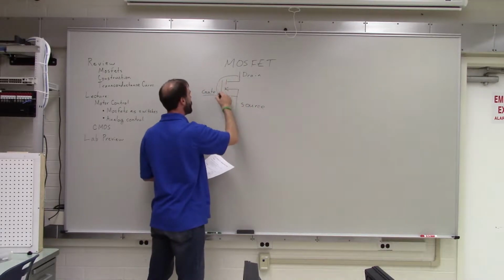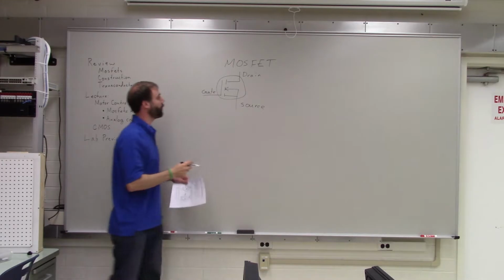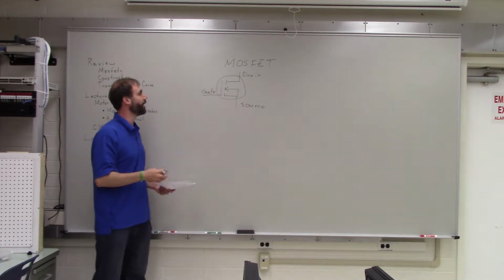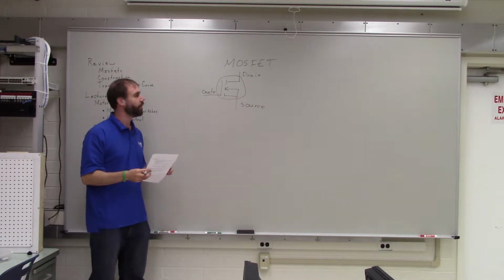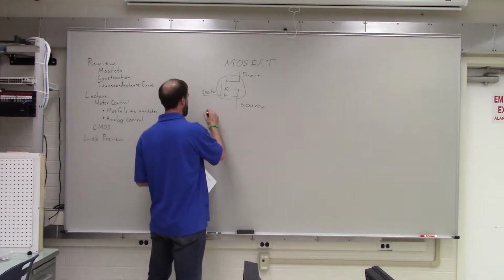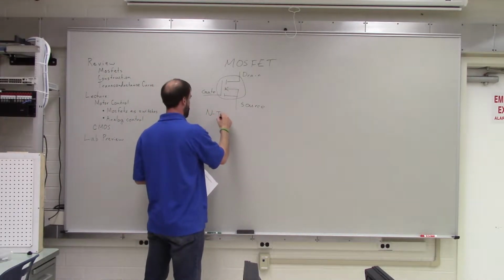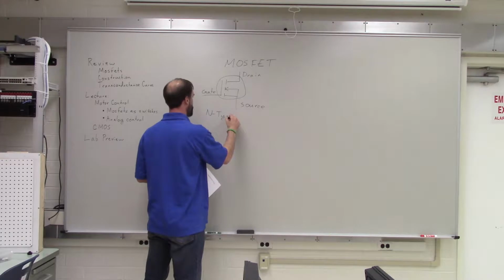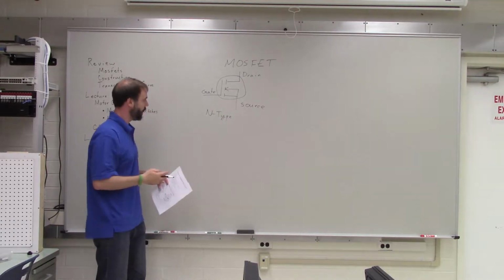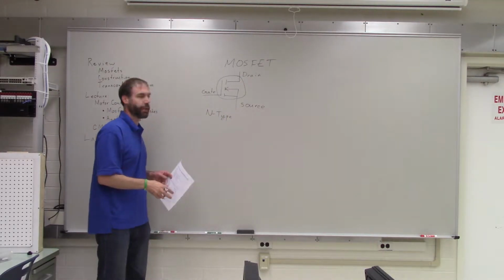So, do you guys remember if this was an N-type or a P-type MOSFET? N-type, exactly. So it was kind of like a PNP BJT, right?